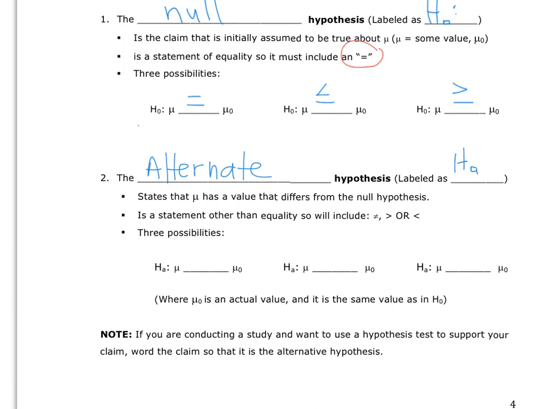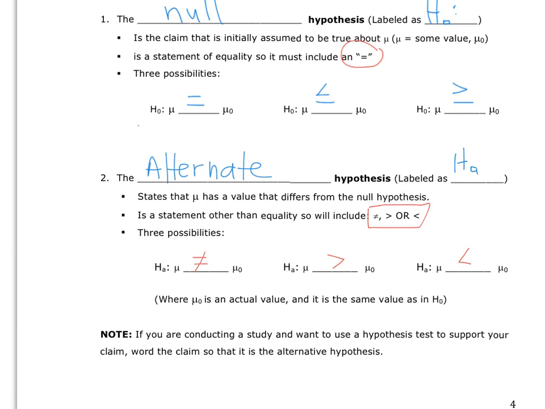So this is going to state that mu has a value that is different from the null hypothesis. And it is going to be something other than equality. So it's going to include one of these three symbols. So those three possibilities are mu not equal to some fixed value, mu sub 0, mu greater than some fixed value, mu sub 0, and mu less than some fixed value, mu sub 0.